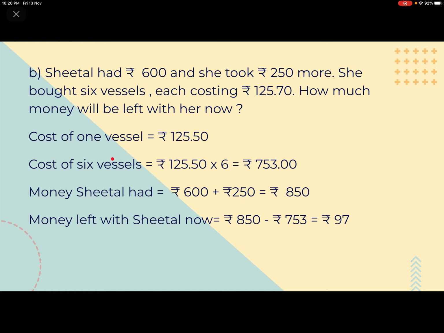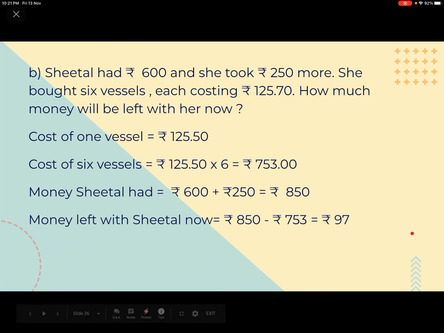Cost of 6 vessels, multiplied by 6, you get rupees 753. You can do the vertical arrangement and then multiply. So money Sheetal had, you will add both, that is rupees 850. Money she spent, 753. So money left with Sheetal, you subtract both. 850 minus 753 and hence rupees 97 is left with Sheetal.